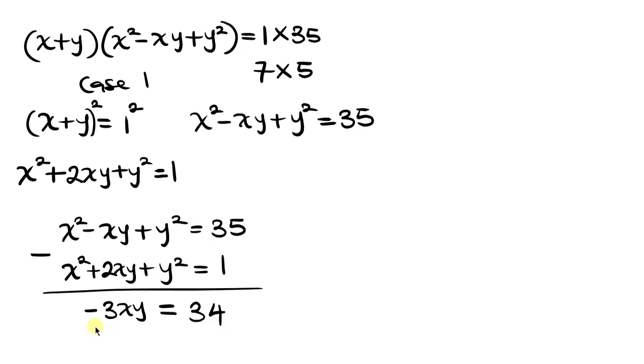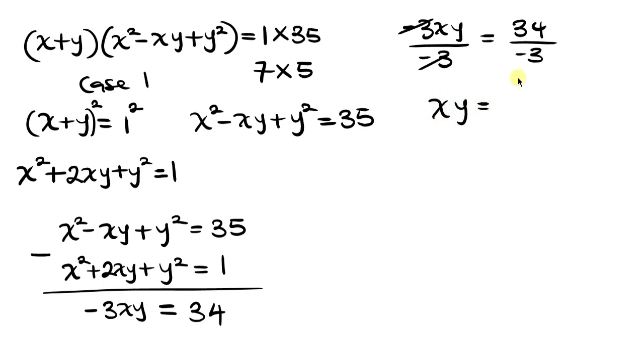We can divide both sides by negative 3. When we divide both sides by negative 3, we have negative 3xy on the left, divide by negative 3, to be equal to 34 on the right, divide by negative 3. So you see that negative 3 can cancel off, leaving behind xy to be equal to, now 34 divided by negative 3 is negative 34 over 3.